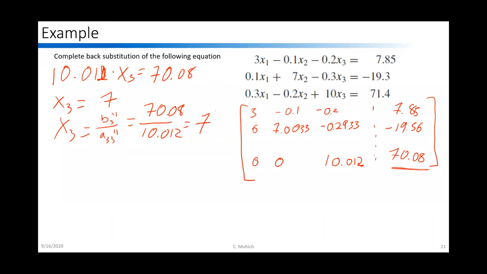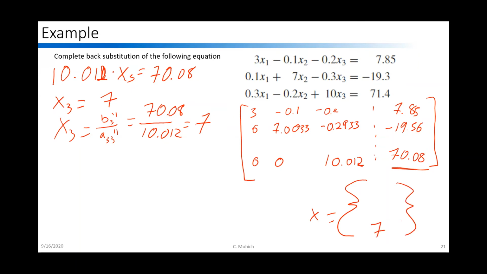That's still going to be 7. So you can either write out the equations if you want, or just use the equations from the previous slide. So we can keep track of this, I'm going to put my x vector down here. We now have x3 is 7.